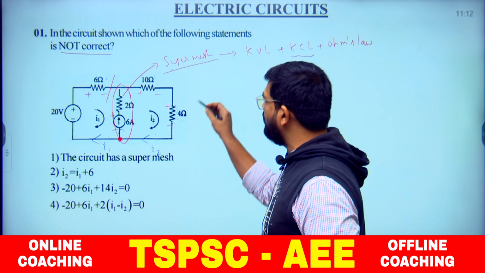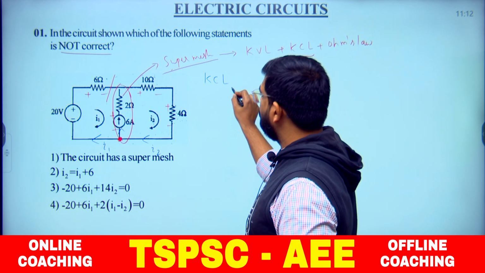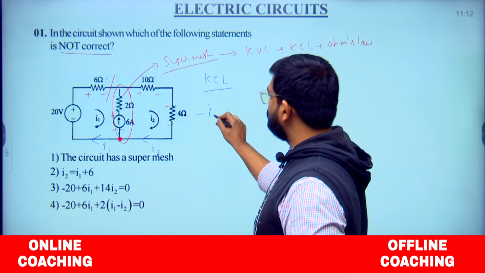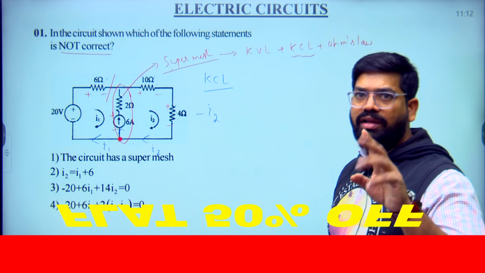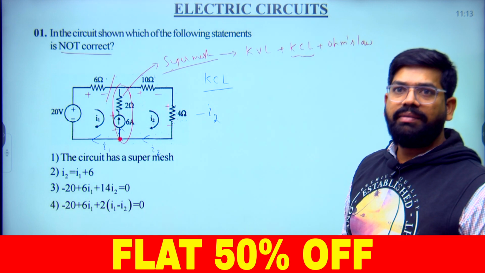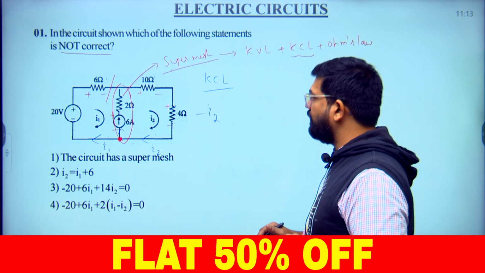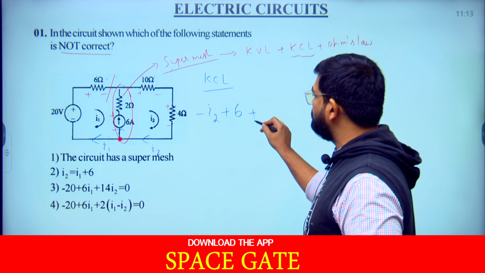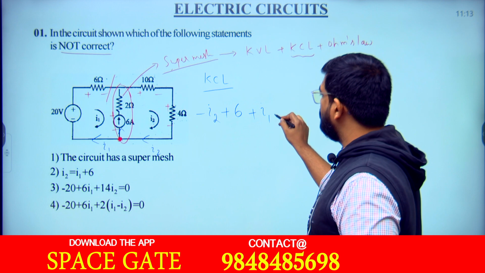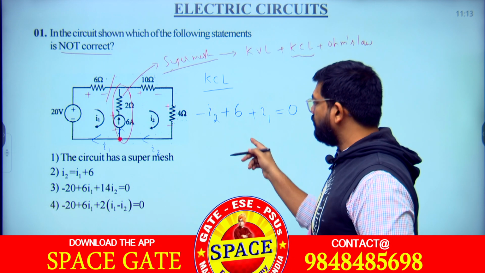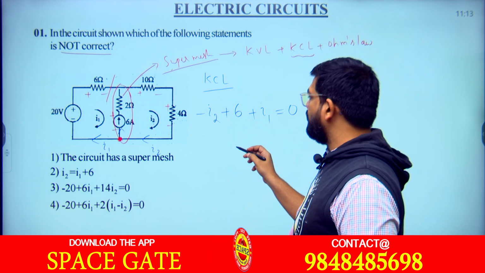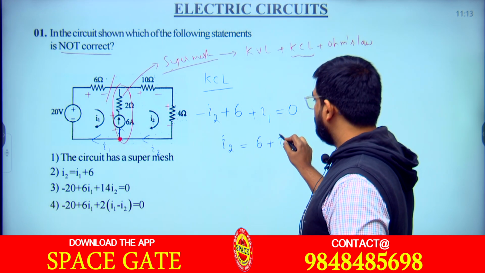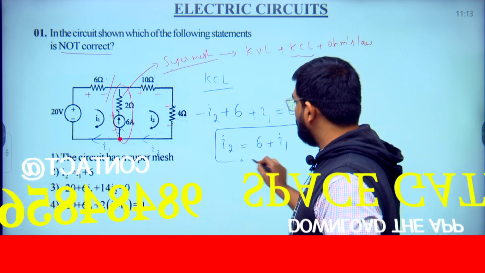When I write KCL for this node, the incoming current is I2, so the incoming current is indicated with a minus sign, and the outgoing currents are 6 amperes as well as I1. Now if you check, I2 is equal to 6 plus I1, this is the KCL for this node.